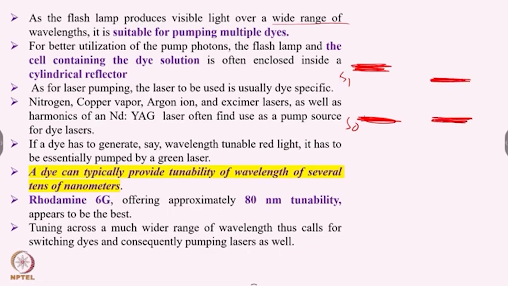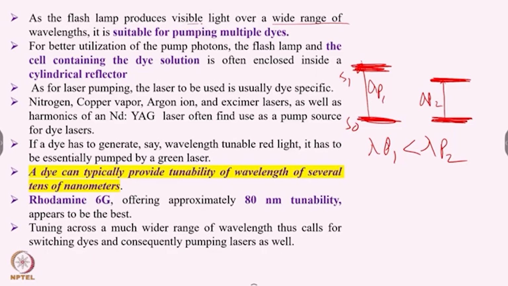So you can see, for pumping this dye, lambda P1, and for pumping this dye, if we call it lambda P2, so lambda P1 must be less than lambda P2. So to pump different dyes, you need different pumping wavelengths.